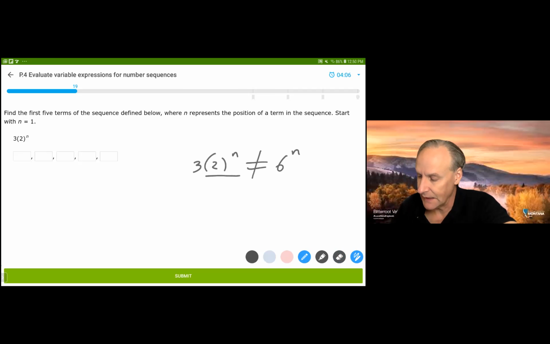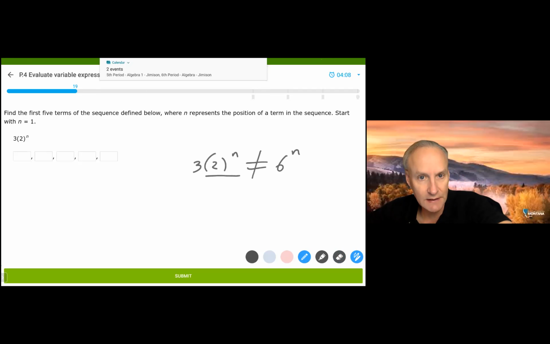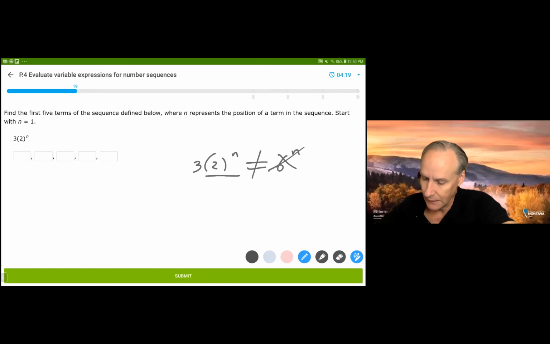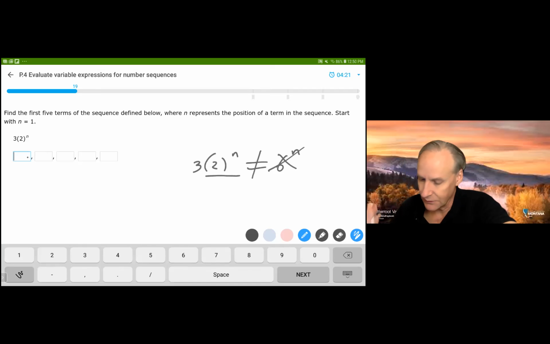You see, the exponent has to be done first. The exponents come before multiplication. So be careful, that's not the same thing. And you may grab that the wrong way in your calculator. So anyway, there it is. Our first term is 6. And hopefully you can see what I'm going to do. I am going to choose to multiply by 2 every time.